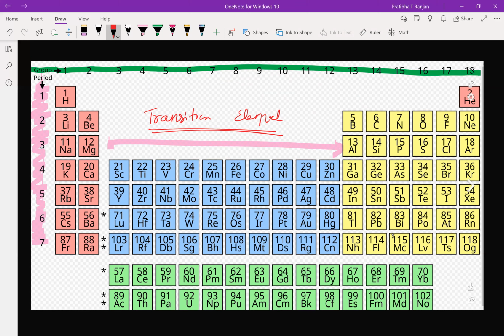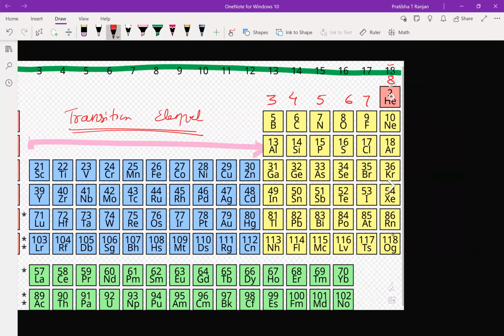So we are just keeping them apart, and we are counting like this: group 1, 2, this is 3, 4, 5, 6, 7, and 8. Here we are going to focus on group 1, 2, 3 or 13, 4 or 14, 5 or 15, 6 or 16, 7 or 17, and 8 or 18. As you can see, group number 18 is my noble gas group.